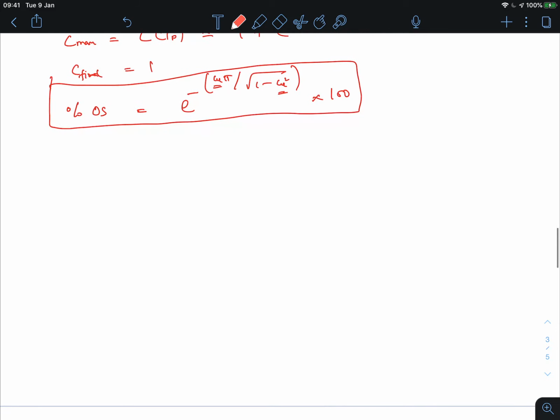Okay, so the next performance specification is the settling time. So settling time, we know that the response should stay within plus minus 2% of the steady state value C final. Now taking the definition, we could write that the response e to the power minus xi omega n t over under root 1 minus xi square should be 0.02.